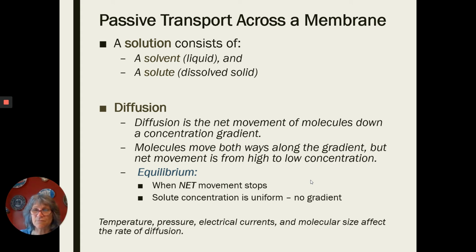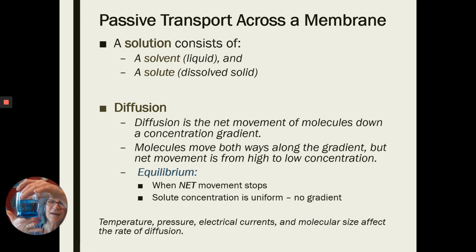until equilibrium is reached. Equilibrium is when all of the molecules are evenly spread. The solute concentration is uniform. There is no gradient. There's nowhere with a higher concentration. We think that's what we're going to see here. Right now, my food coloring had been in the refrigerator, so it's colder, and temperature, pressure, electrical currents, and molecular size can affect the rate of diffusion.